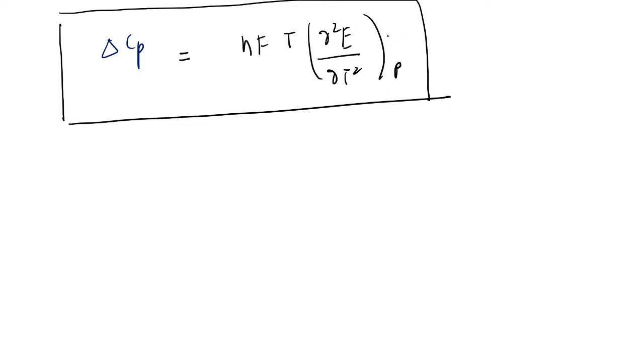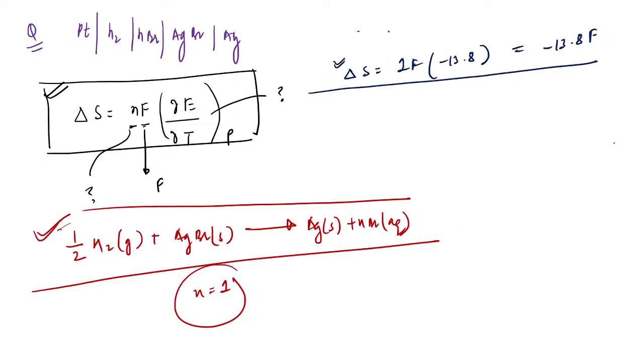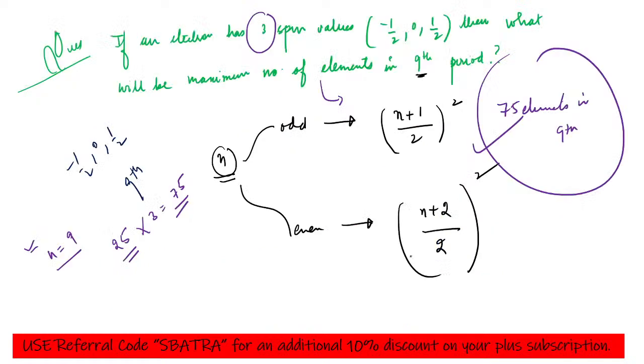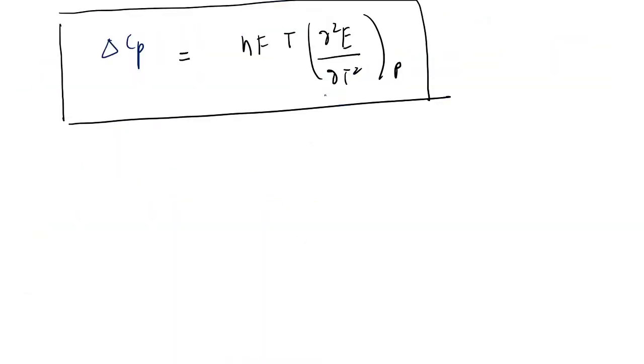Now we need to substitute this value. So we got this value of del E by del T. Now we need to double differentiate it. This will give you 0 value, and this will give you 1 value. So this is nothing but minus 3.45 into 2. This is your value of del square E by del T square. Next, Faraday's constant is again 96500.